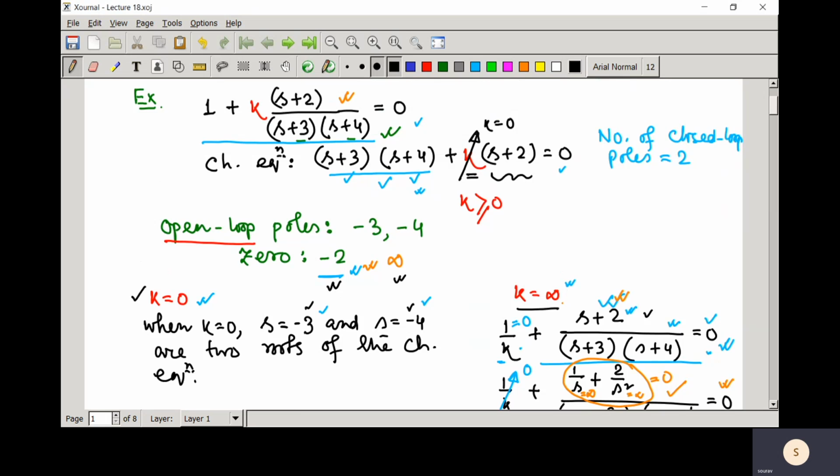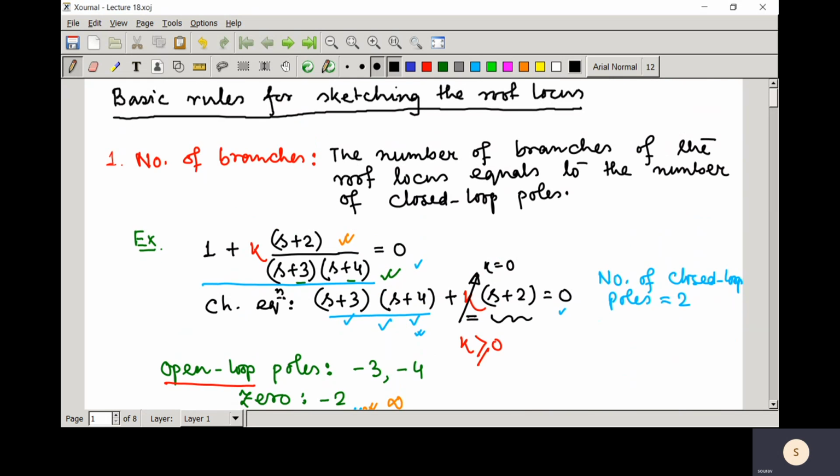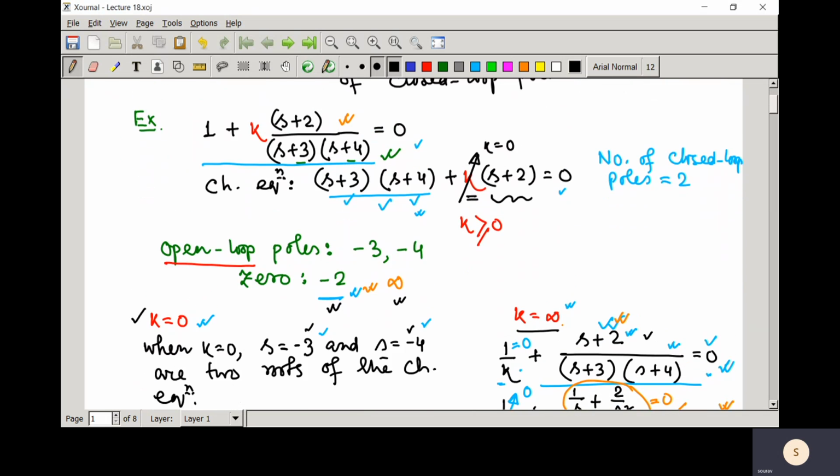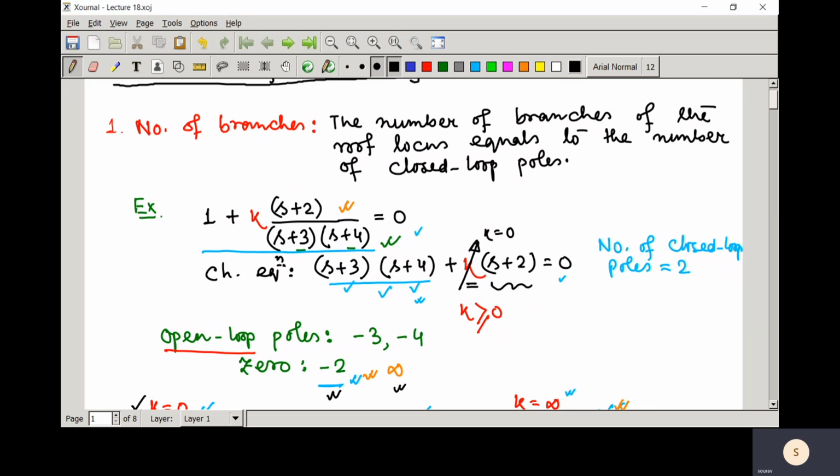So in the first rule, we have seen that the number of branches is equal to the number of closed loop poles. When K is varying from 0 to infinity, at K equal to 0 the root locus is at the open loop pole locations, and when K tends to infinity, the root locus is at the open loop zero locations.